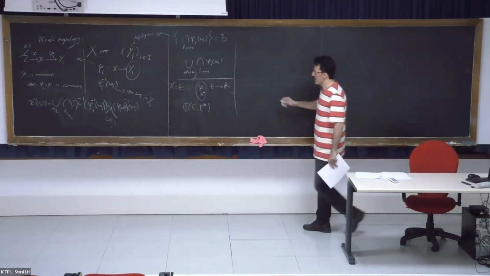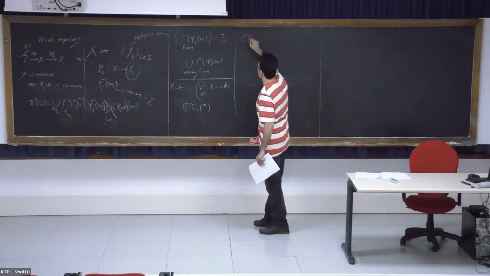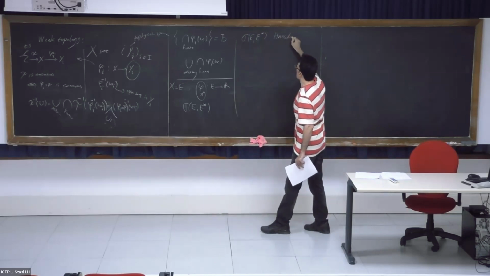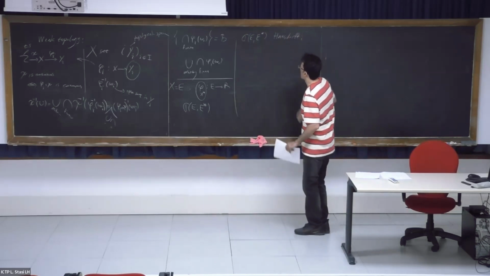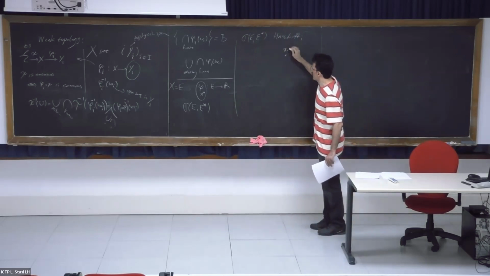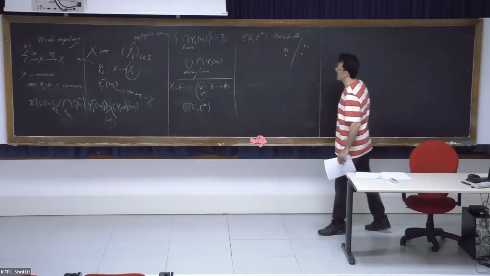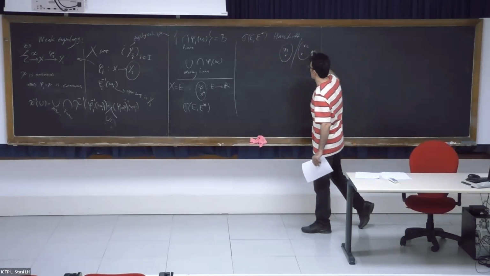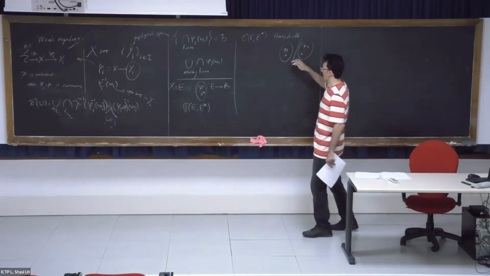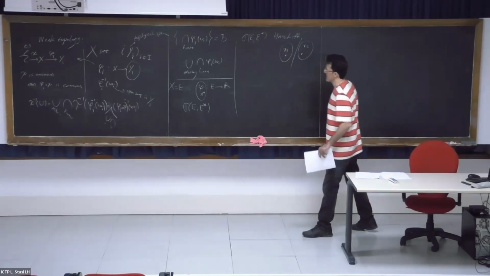The first one is that E with the weak topology is Hausdorff. We consider 2 points, x1 and x2. We want to have 2 neighborhoods, weak neighborhoods indeed, that have no intersection.